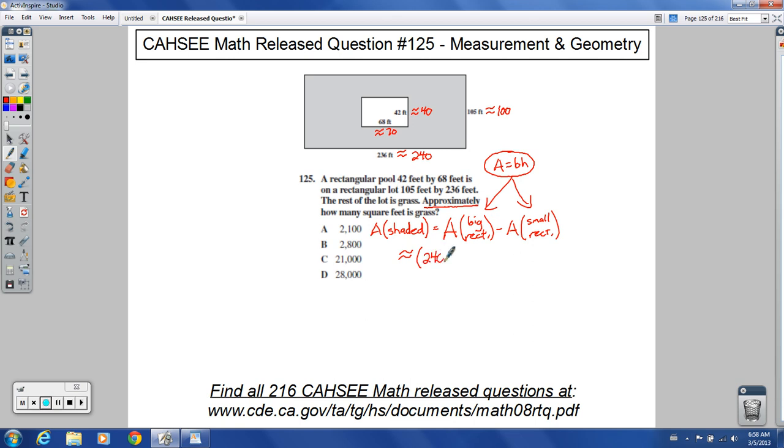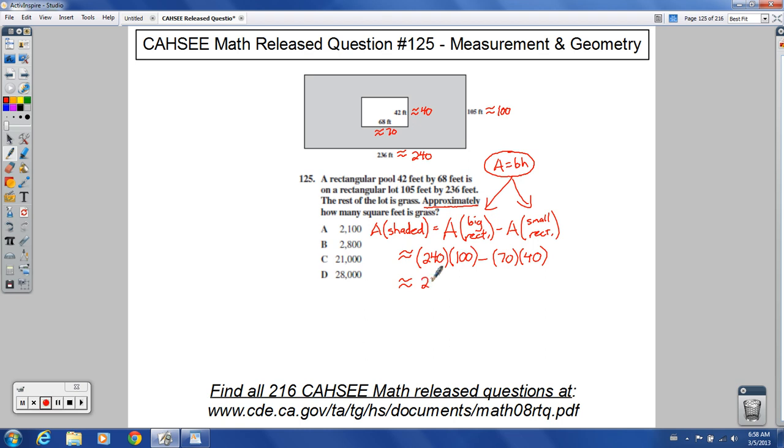So the big rectangle would be 240 times 100. The small rectangle would be about 70 times 40. And then with the zeros like this, we can just multiply the numbers before the zeros. 24 times 1 is 24. And then just add the number of zeros there are after that. So there's 1, 2, 3.